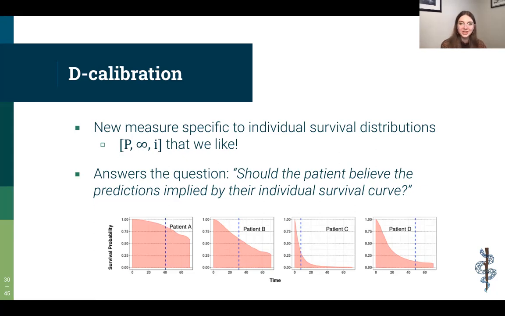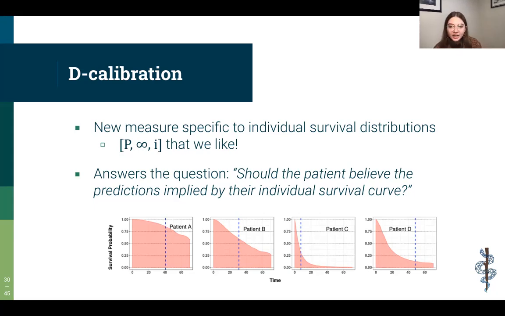So what we wanted to do is contribute a way to measure their effectiveness specifically catered to this model class. So that predicts a survival function, and is individualized to a particular person that we want. This answers the question, should the patient believe the predictions implied by their survival curve?